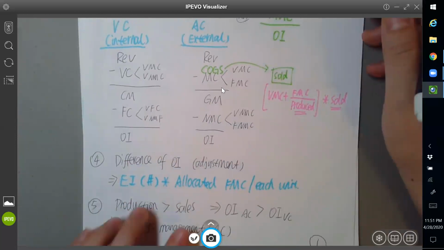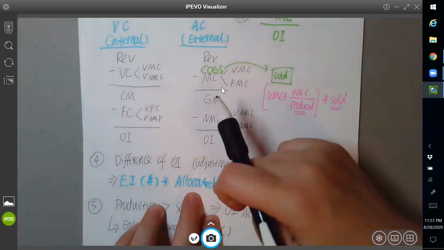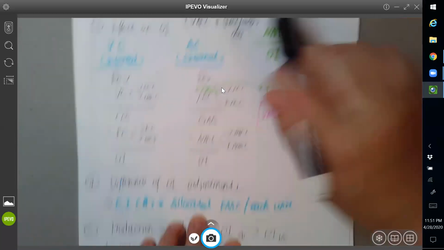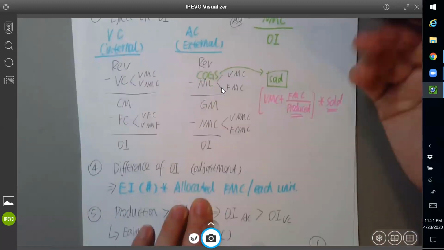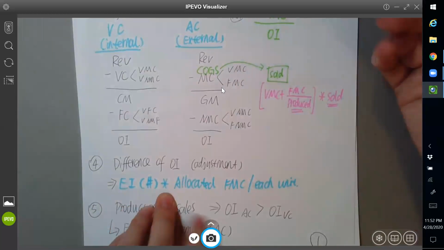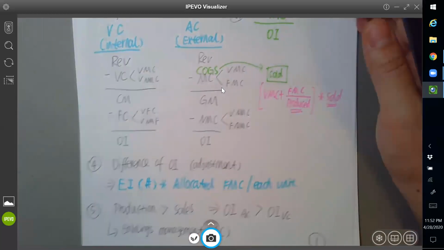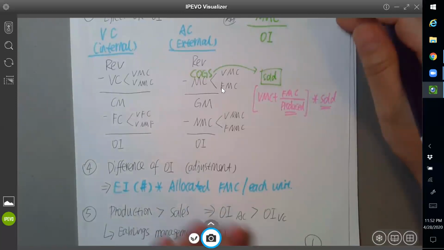The difference will be the 2 units of ending inventory times the fixed manufacturing cost allocated to each unit. If you allocated, say, $6 per unit, then it will be 2 units times $6, which gives you $12. I just made up the number. Your question will have different numbers.